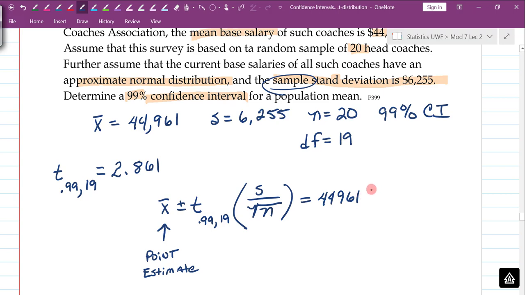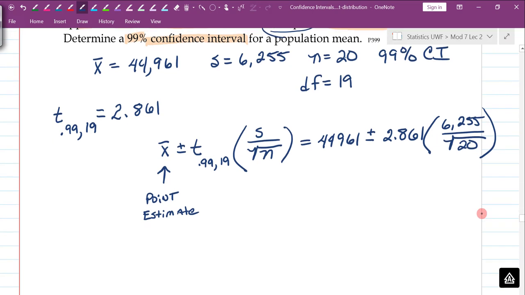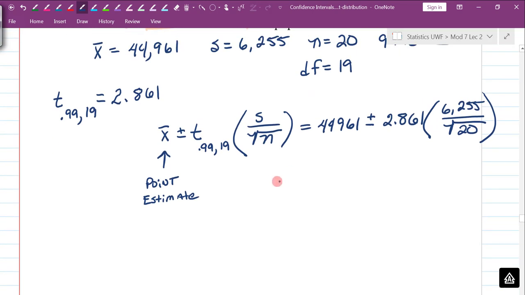We're going to add to that, subtract from that T, which is 2.861, multiplied by our standard deviation, which is 6,255, divided by the square root of n. N is 20, so that goes right there, and that is our formula. So now we're going to open up our calculator and figure out what that is.